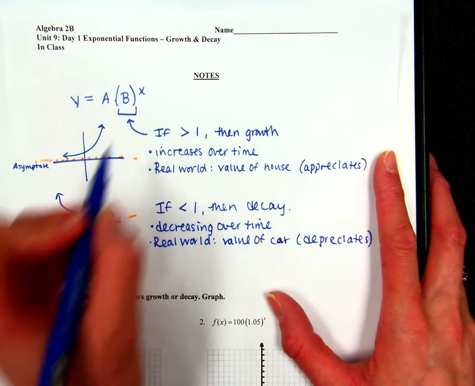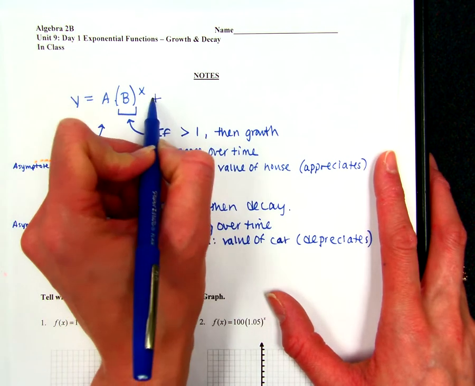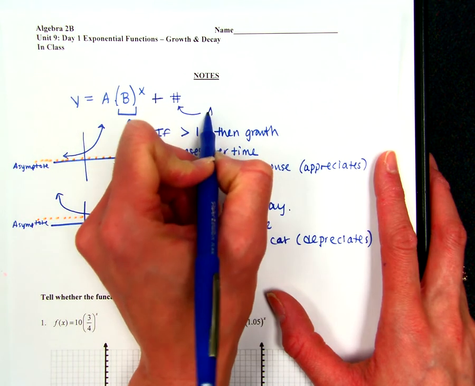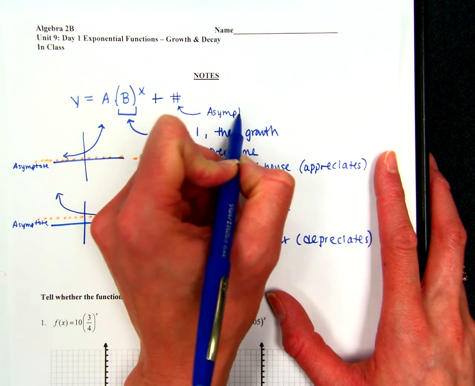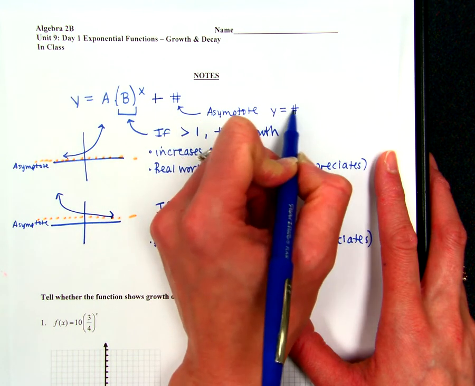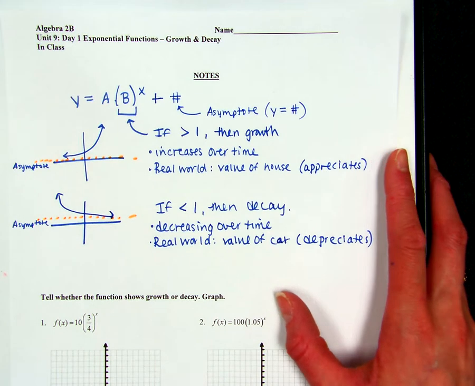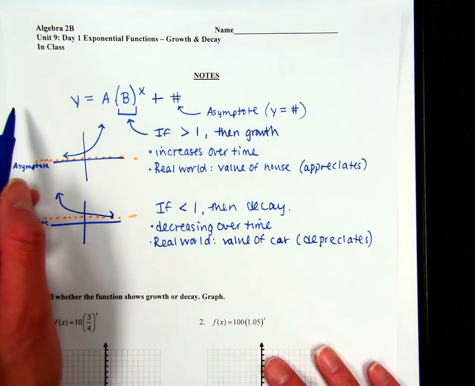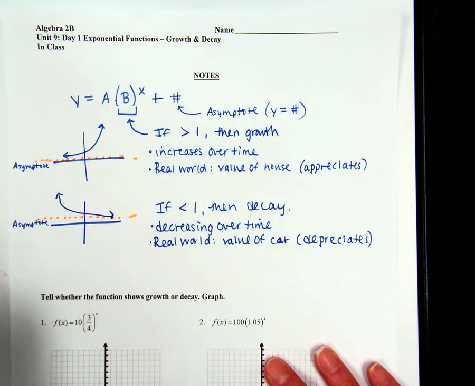Your asymptote is indicated by whatever number is over here, and it's always going to be a horizontal line, like y equals that number. So that's one type of problem: basic exponential growth and decay.